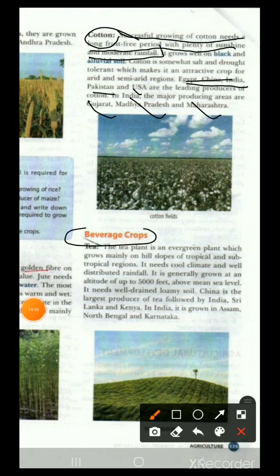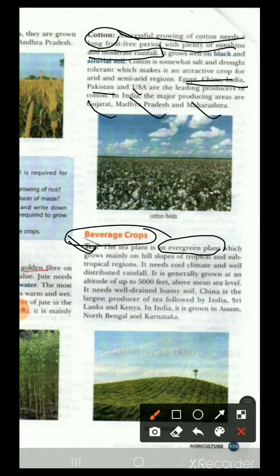Now beverage crops. The first one is tea. Tea is one of the important beverage crops of the world and it is consumed by people in many countries. The tea plant is an evergreen plant which grows mainly on hill slopes of tropical and subtropical regions.